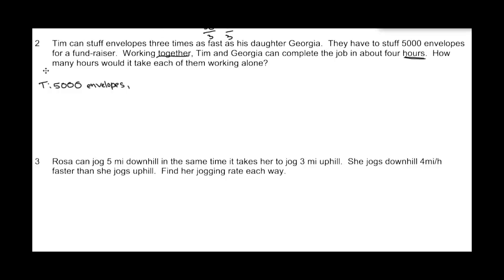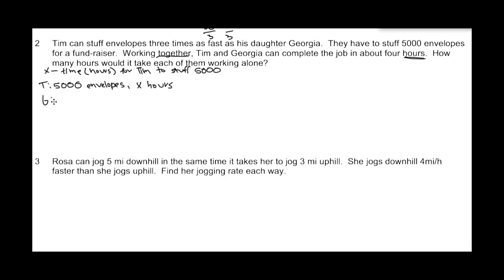Okay, so let's define a variable. This time let's use x to mean the time in our units, hours, for Tim to stuff 5,000. Okay, so with 5,000 envelopes, Tim will be able to do it in x hours.